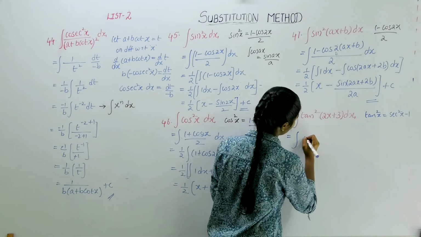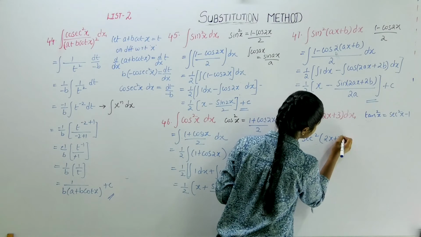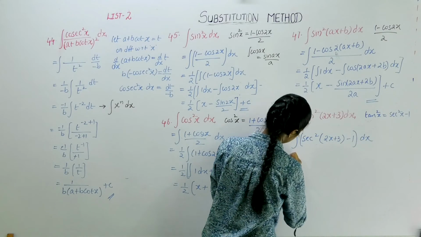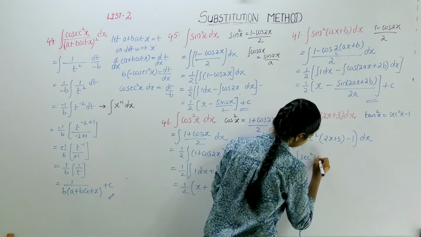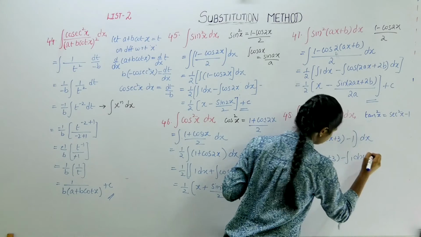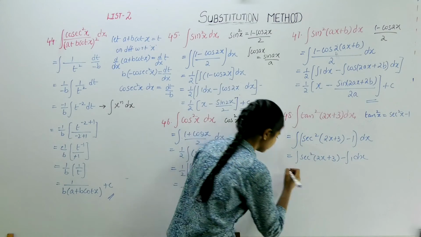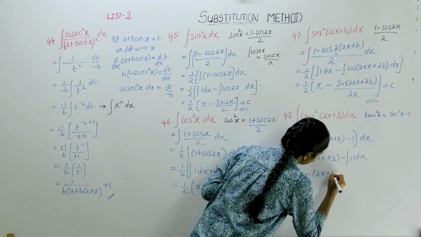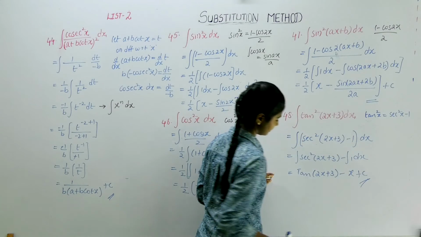When we substitute the formula here, we get secant square (2x plus 3) minus 1 dx, and we separate the integration for each term. We have integral secant square (2x plus 3) minus integral 1 dx. We have a direct formula for integral secant square x, it is tan x. So tan (2x plus 3) by 2, minus integral 1 dx is x, plus c. This is the final answer.